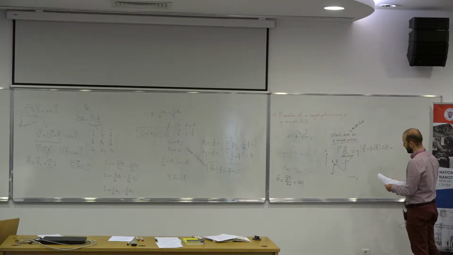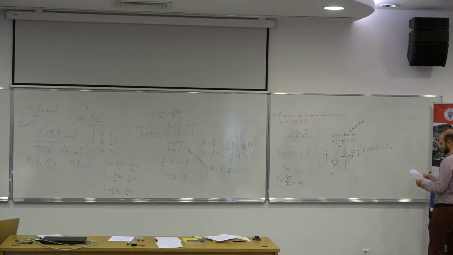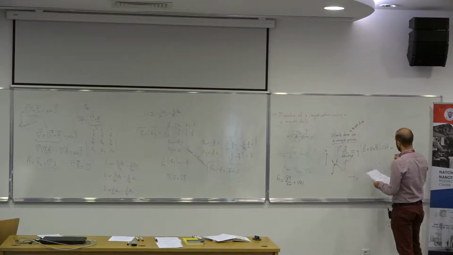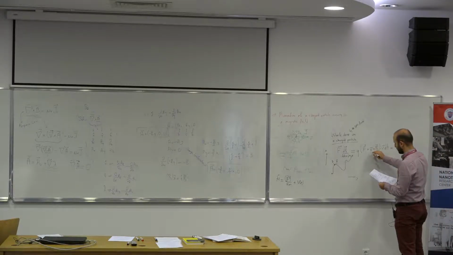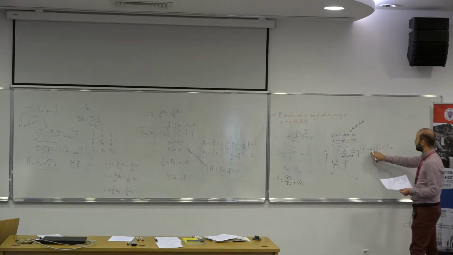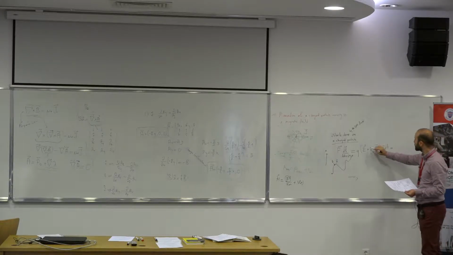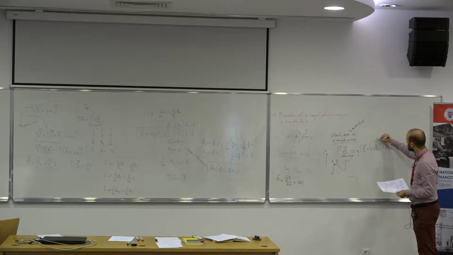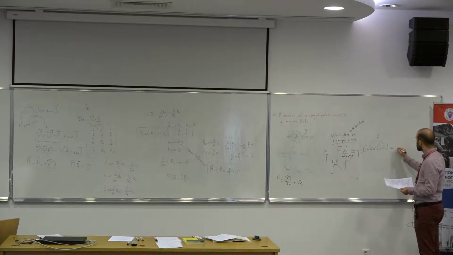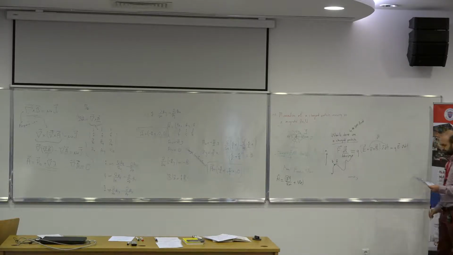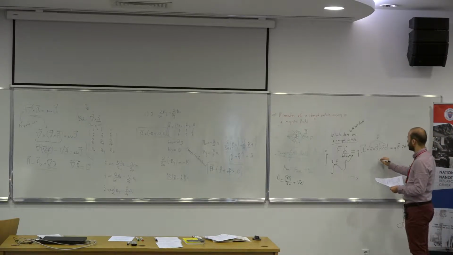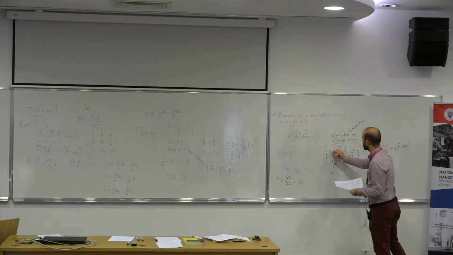Then if you consider this part, v cross B dotted with v, you can show that this will give you a 0. So what we will end up with is E dot v dt. So this is the infinitesimal work.